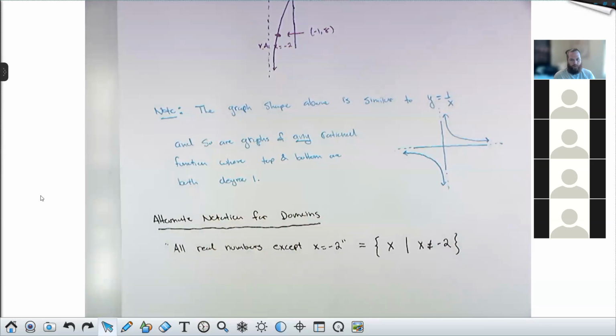So the way you read this notation on the right is the set of all x's. This vertical line means such that, and then it says x is not equal to -2. So this is the set of all numbers x such that x is not equal to -2.